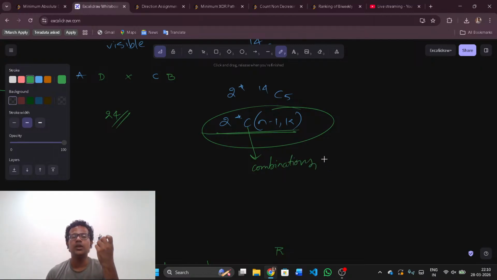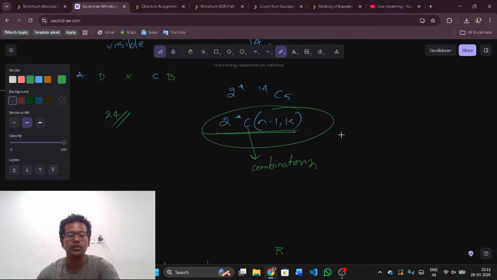So there will be n minus 1 C k combinations into 2, right? I already told you why we are taking into 2. Because a person can choose either to stand to the left or stand to the right. So it's his or her wish.